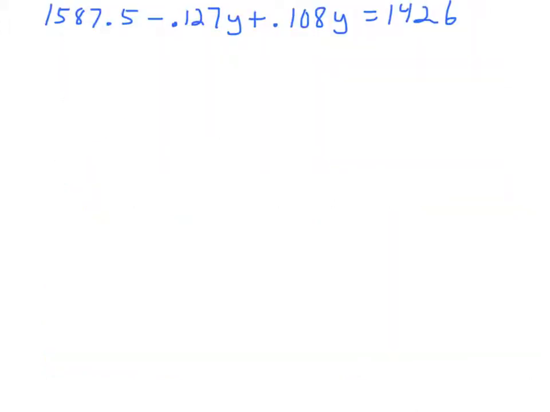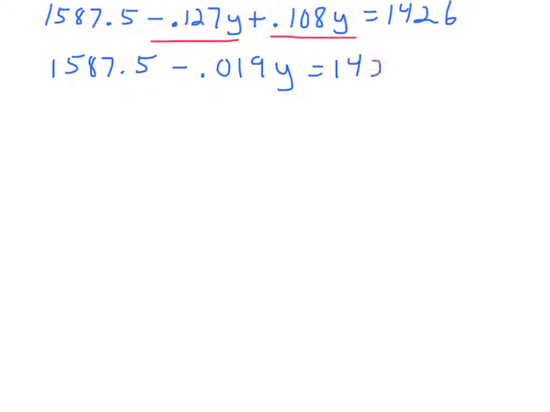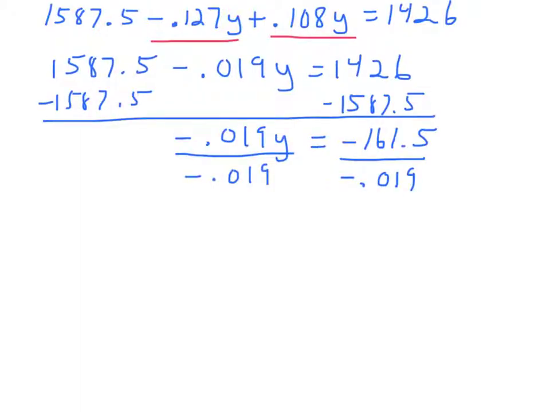Okay, so now to solve this, again, we'll combine the like terms on the same side of the equation. And that would give us 1587.5 minus 0.019y equals 1426. So notice here I've done the algebra to try to solve for y.